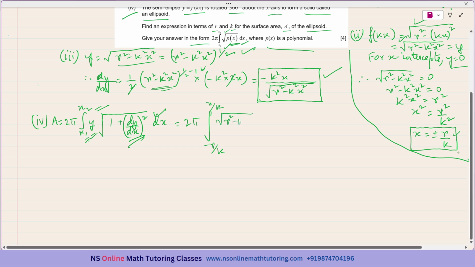r square minus k square x square, and then 1 plus this one, minus k square x over square root of r square minus k square x square whole square and dx.